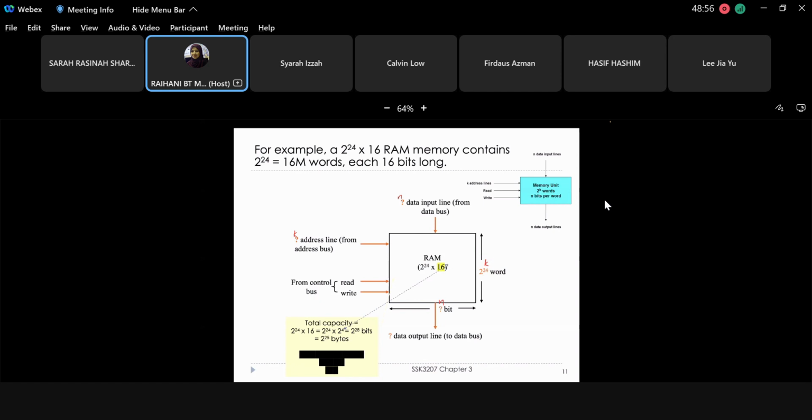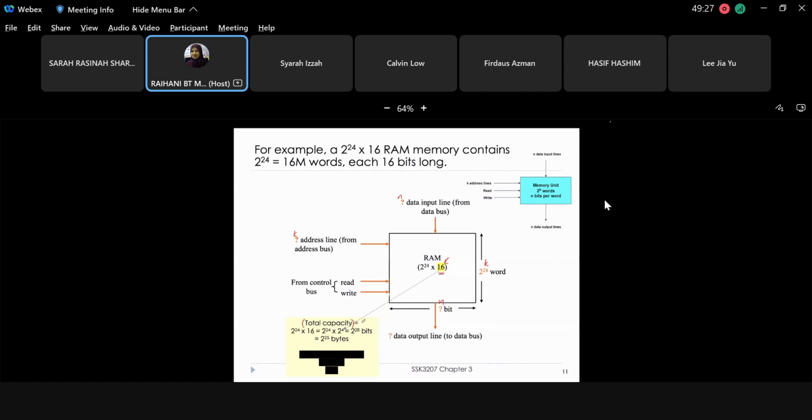Sometimes they will give you, for example, 8 bytes, but you need to transform it to bits. So how do you get the total capacity for 2 to the power of 24 times 16 bits?